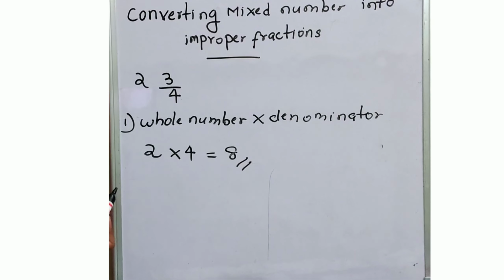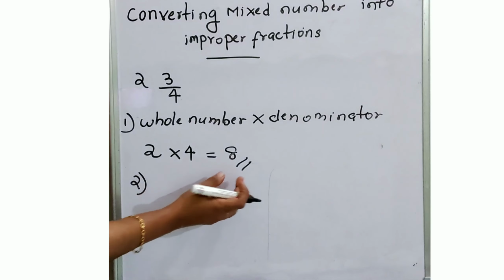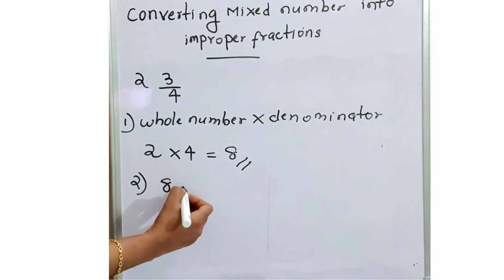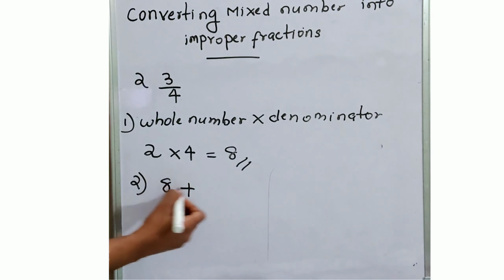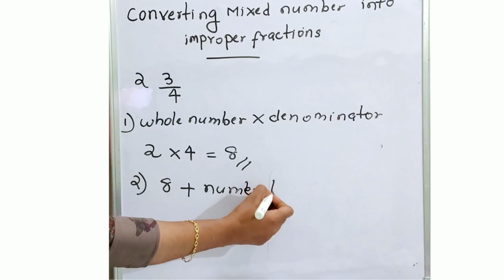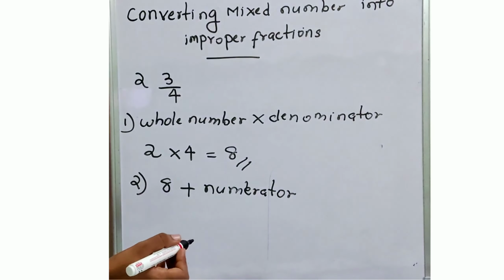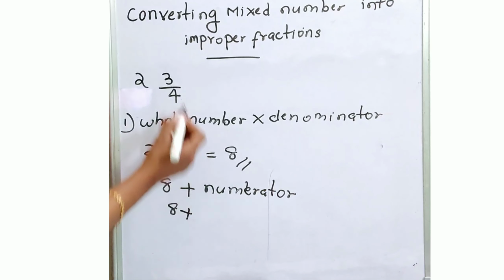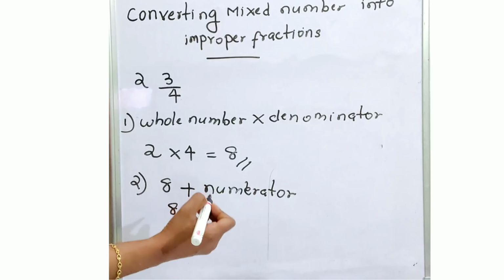Understood? Now what is the next step? The second step is that you want to add the answer 8 to the numerator. The numerator here is 3. What is 8 plus 3?